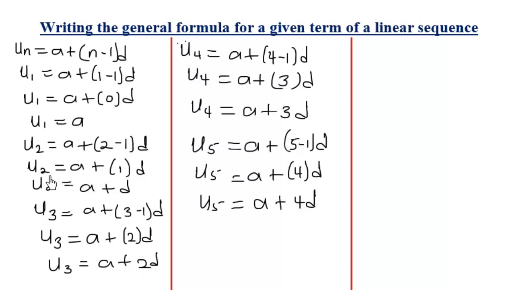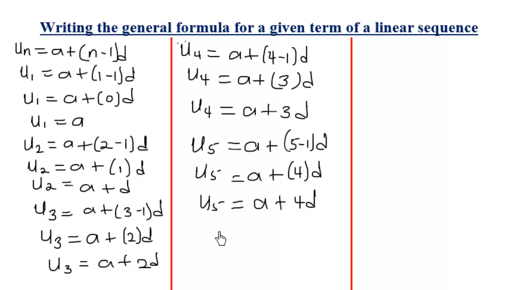When we are at the second term, we subtracted 1 from 2, giving us 1, and we multiply the 1 by d, so the general term becomes a plus d. The same thing, the fourth term: we subtracted 1 from 4 and had 3, so we multiply the 3 by d, so the general formula for the fourth term is a plus 3d. The same thing with the fifth term: just subtract 1 from 5, the result is 4, you multiply 4 by d, so you have 4d. So the a here is always there.